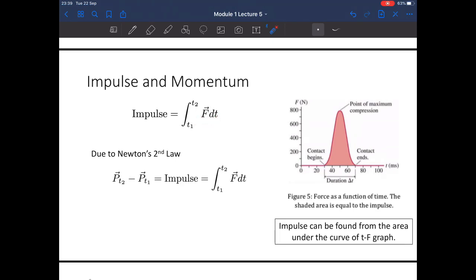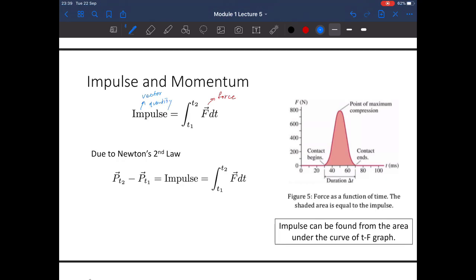Because this integral is the integral of a scalar quantity dt and a vector quantity F, which is the force, and a vector multiplied with a scalar will give you a vector. So impulse is a vector quantity.